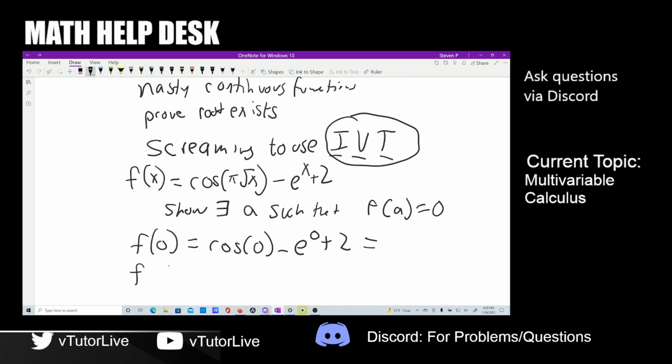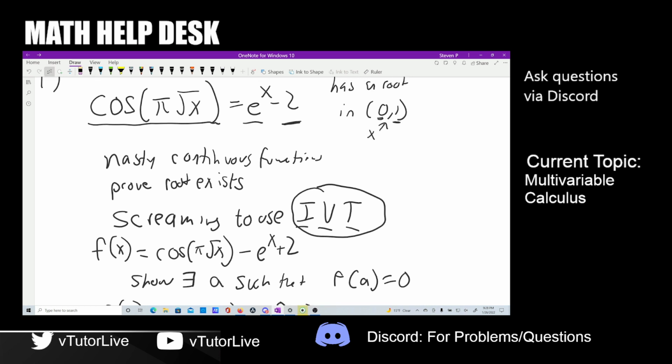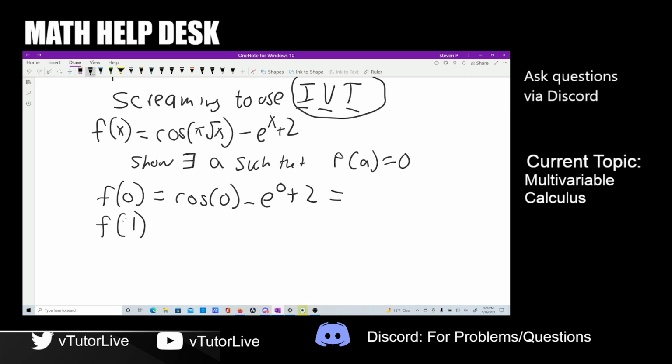Yeah, that's the idea. So like the suggestion goes, let's just plug in 0 and 1. I know that the interval here is not inclusive of 0 and 1, but for the purposes of the intermediate value theorem, it's fine if we use the endpoints. So f(1) is equal to cosine of pi minus e to the 1 plus 2.